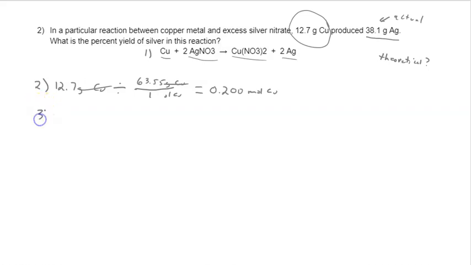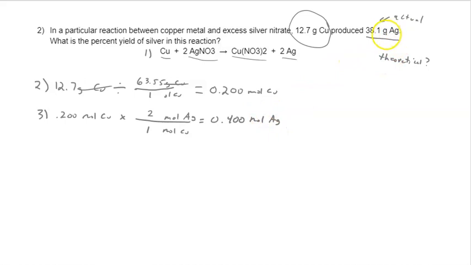Moving to number 3, we're going to multiply by our mole ratio. We've got 0.200 moles of copper times, let's set up our ratio, mole Cu on the bottom. We're trying to find moles of silver. Going to our reaction, for every 1 copper, there are 2 silvers, making this 0.400 moles of silver.